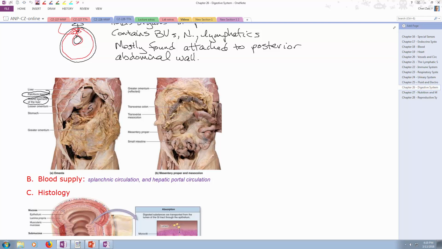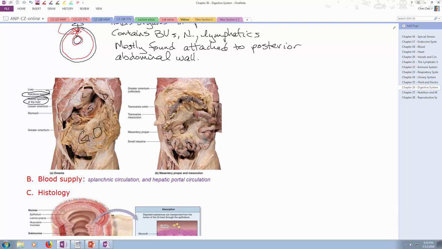And so here is our GO, greater omentum, and it's huge. It's a huge apron, and those of you that have already been dissecting the cat saw how huge it was. It is attached to the greater curvature of the stomach and is just like a darn big old apron that lays over all of your abdominal contents, and that's where it's supposed to lay.